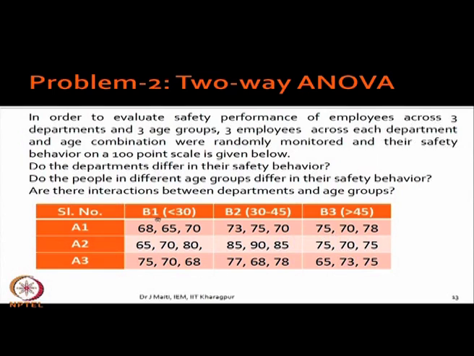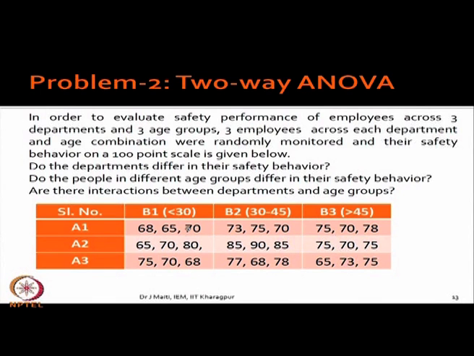We want to capture this through different age groups. As safety is an issue of unsafe acts and unsafe conditions, we are treating the department as the unsafe condition point of view, and the age factor as the individual influence point of view.